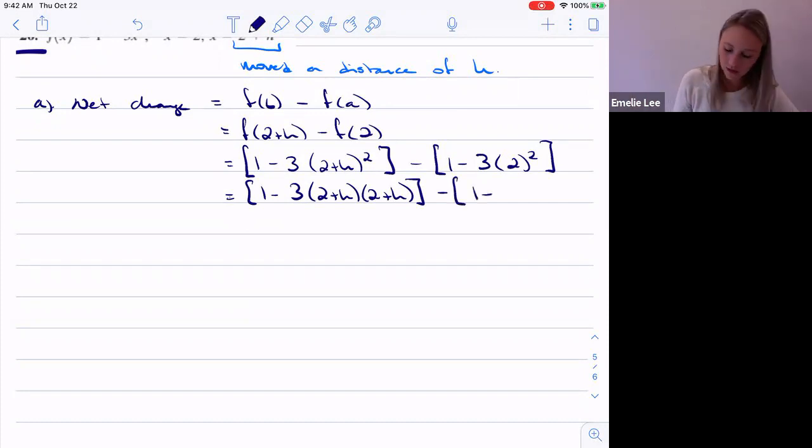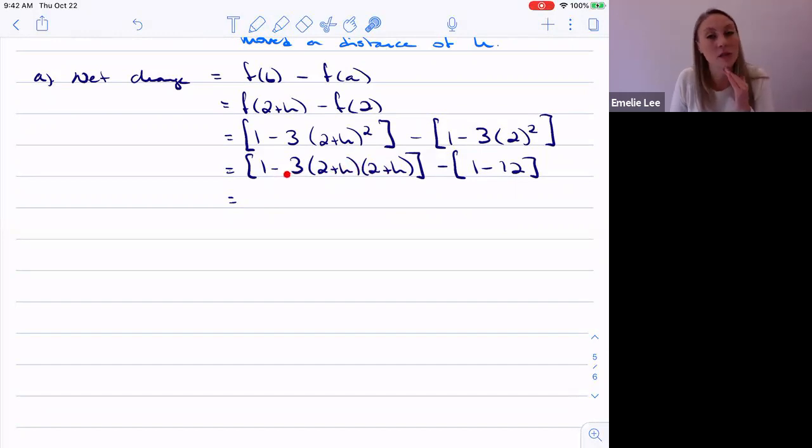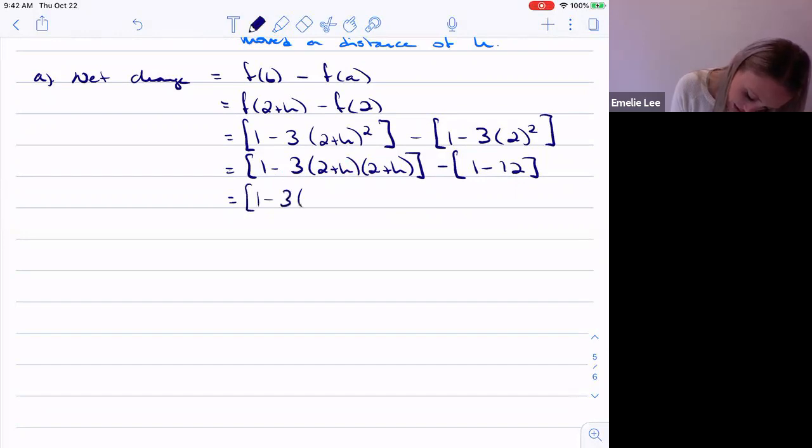1 minus 3 times 4 is 12. So I'm just going to simplify that as I go along here. So now I'm going to expand this 2 plus h squared, and then I'm going to multiply it by 3. So I'm going to keep the 3 outside. And so I've got 1 minus 3 times 4, 2 times h, 2h plus 2h plus h squared.